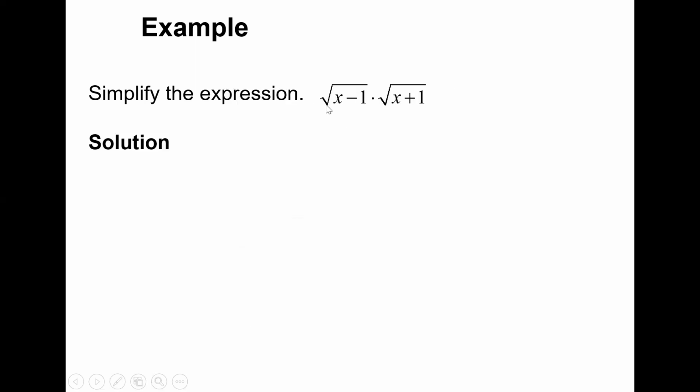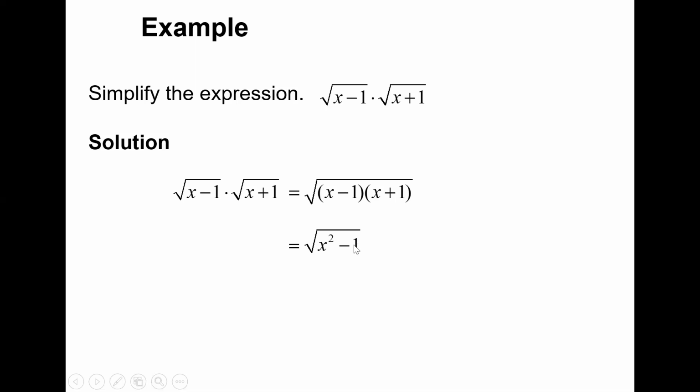What about this one? Now we have the square root of x minus 1 times the square root of x plus 1. Well, we can bring those under one square root and multiply it out. Now, in this case, it doesn't say to multiply it out, but you can, and you'd have x squared minus 1. And so that would be your final answer. Sometimes when it says simplify, simplify means factor, sometimes simplify means multiply out.